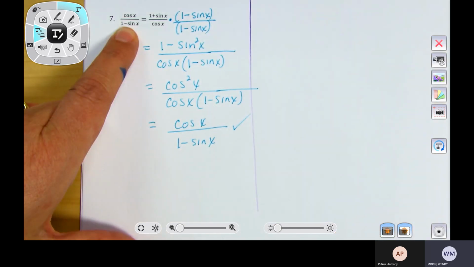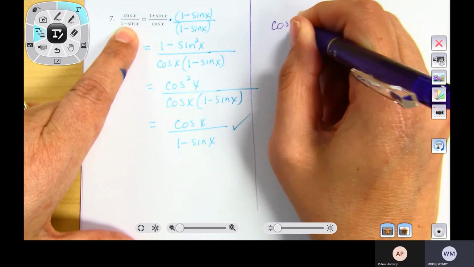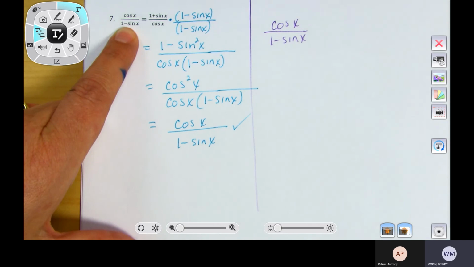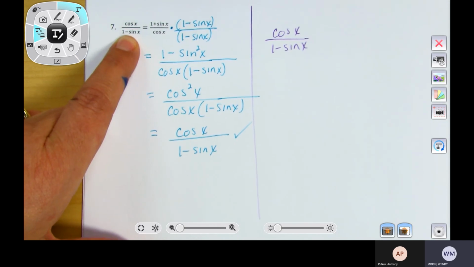Option 2. Let's work the left side instead. You guys try that one. Same idea. You work the left side.